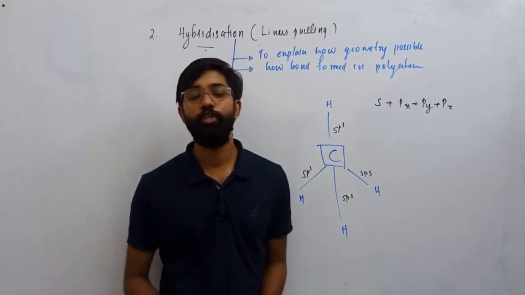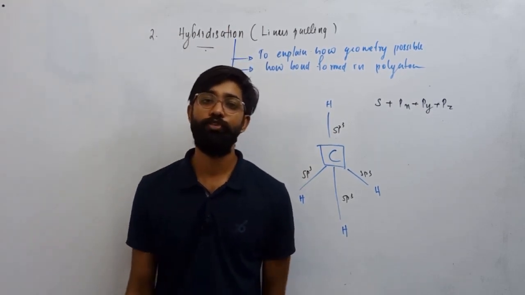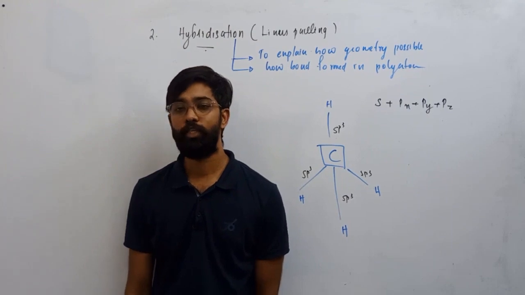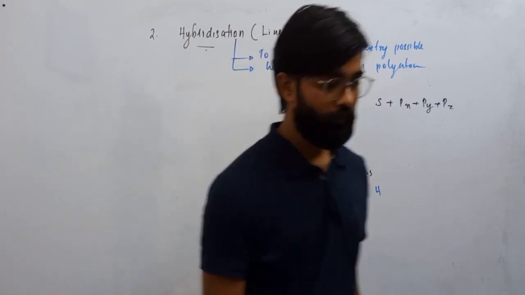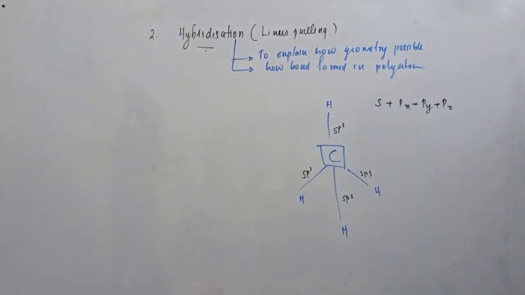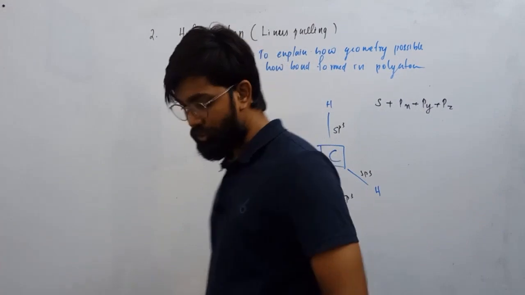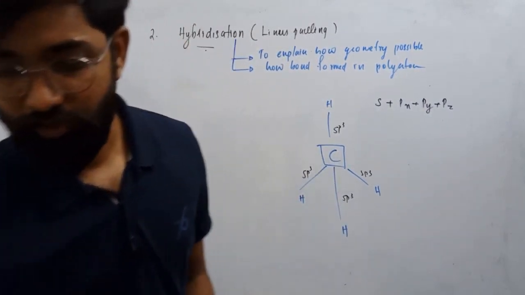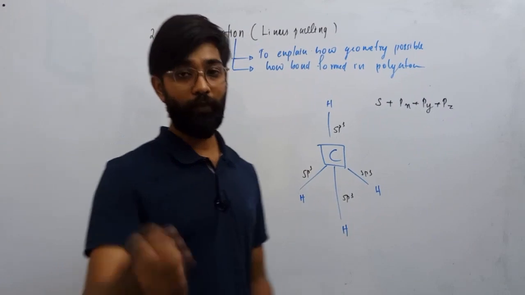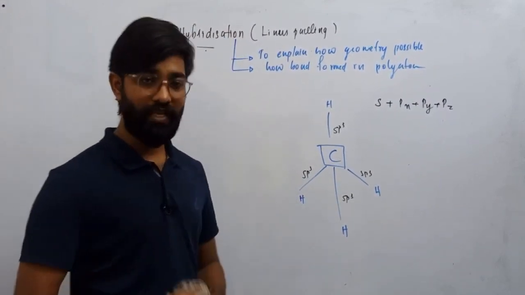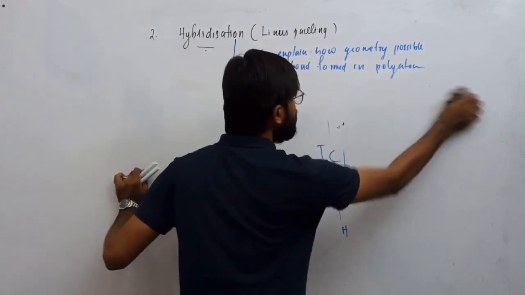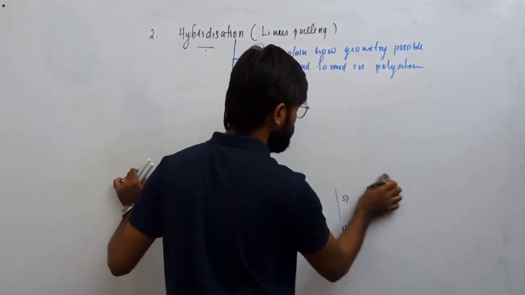Hybridization is the intermixing of atomic orbitals of similar energy to form a set of new orbitals, in brackets hybrid orbitals, with the same energy and shape.